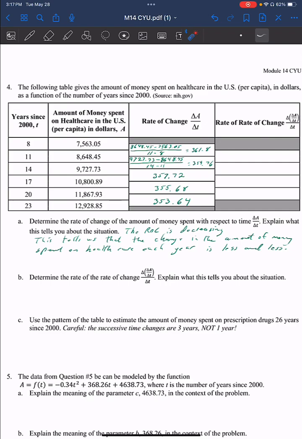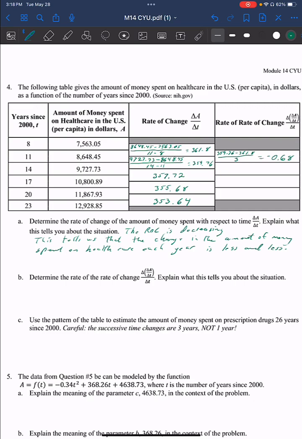Okay, so then the next is determine the rate of the rate of change. So let's look at how these values are changing with respect to our change in our inputs. And so it's the same process here. 359.76 minus 361.8, and it's a 3-year time span, and this results in negative 0.68.